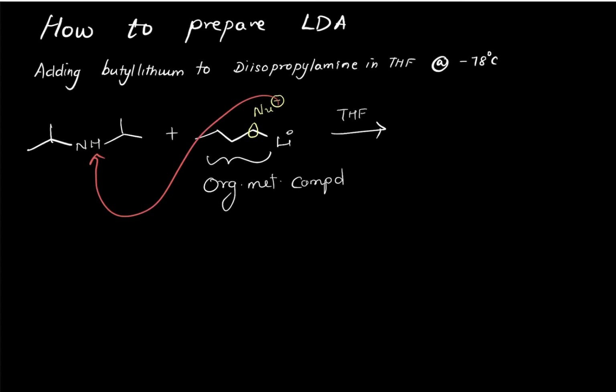This reaction normally takes place in THF at minus 78 degrees Celsius, and you form the corresponding nucleophile. You will also get the alkane, and this structure right here is LDA.